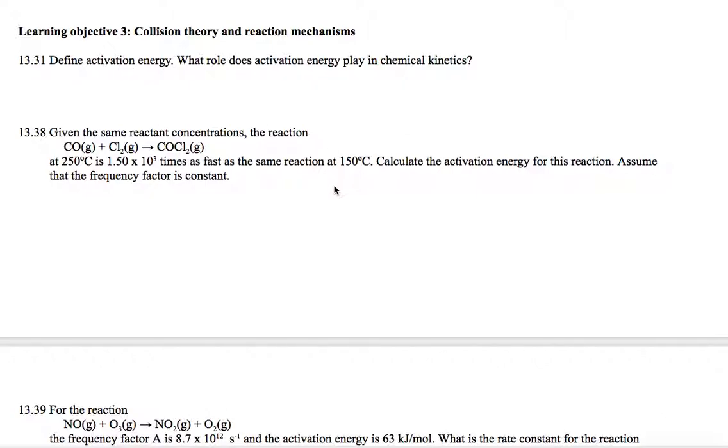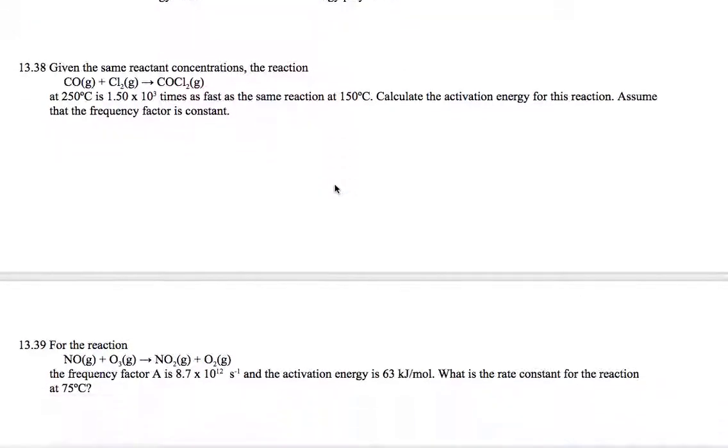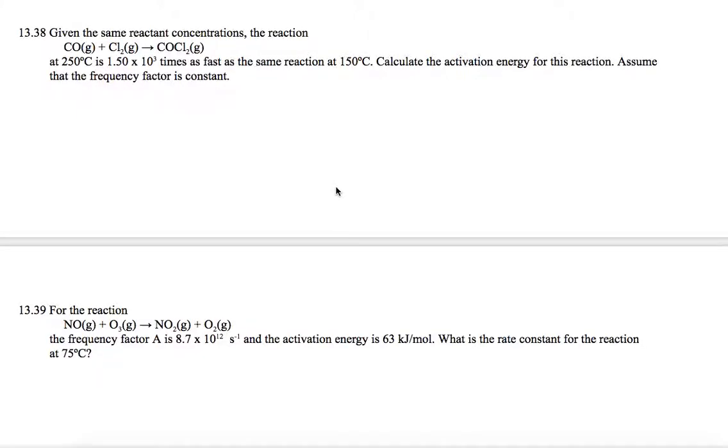And we have number 1338. There's a couple different equations for this. The Arrhenius equation is what it's called. And if we are dealing with a problem like this where we're trying to figure out something at 2 different temperatures, we're using this one.